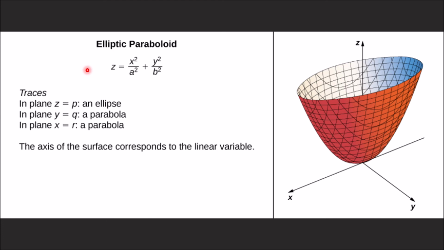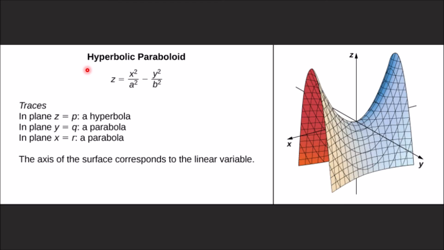And finally, we have the hyperbolic paraboloid, which has form z equals x squared over a squared minus y squared over b squared. So the axis of this, again, corresponds to the linear variable.